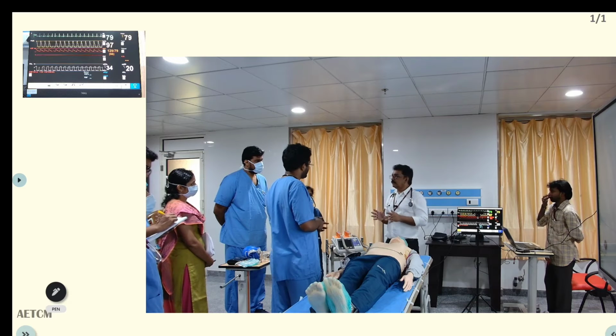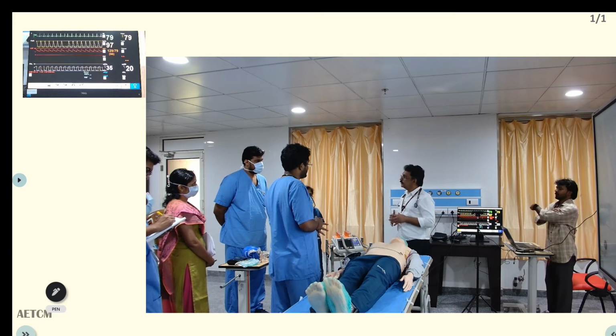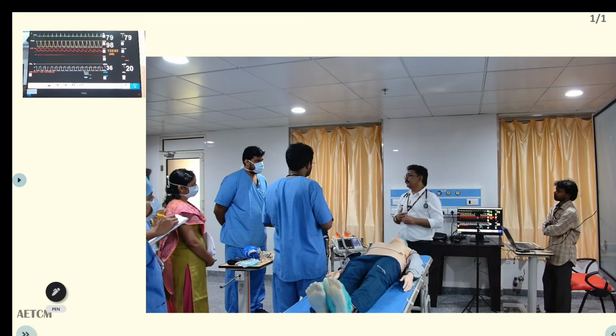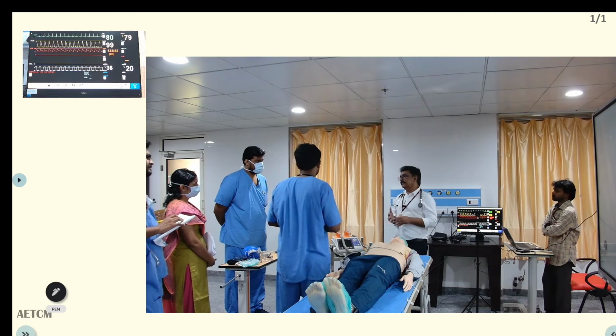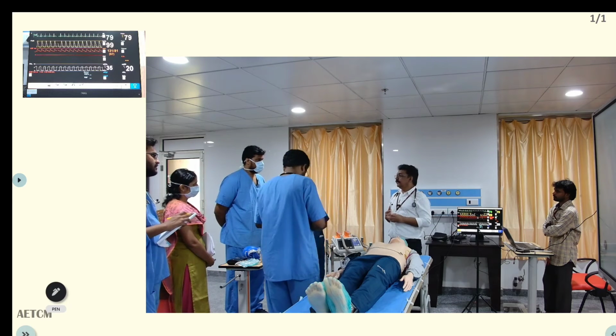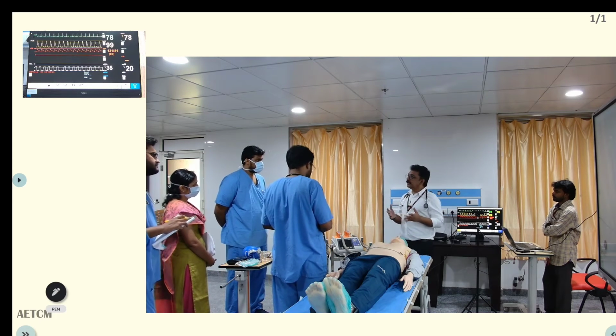If a patient comes to the emergency room with supraventricular tachycardia, how is the rhythm? According to ACLS protocol, what is the rhythm? Narrow complex, regular rhythm. If it is narrow complex, irregular rhythm, it is mostly atrial fibrillation.